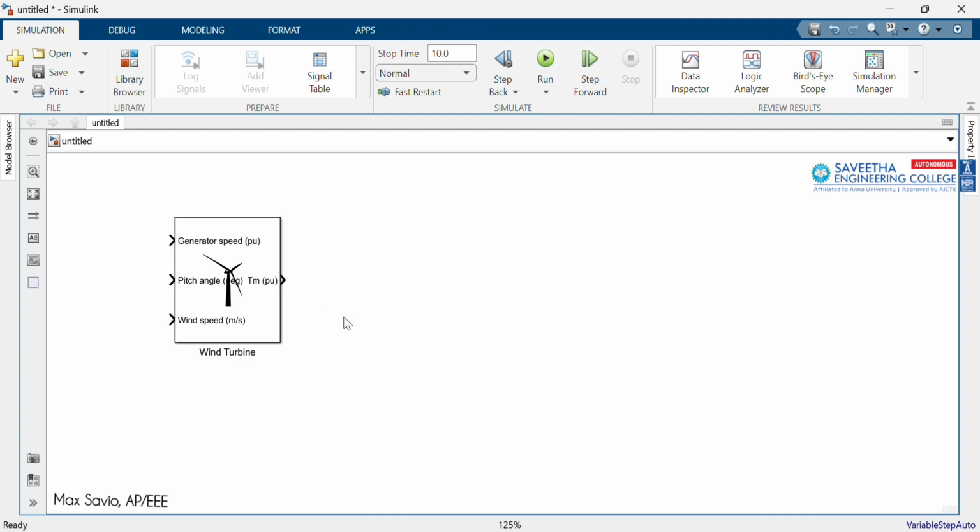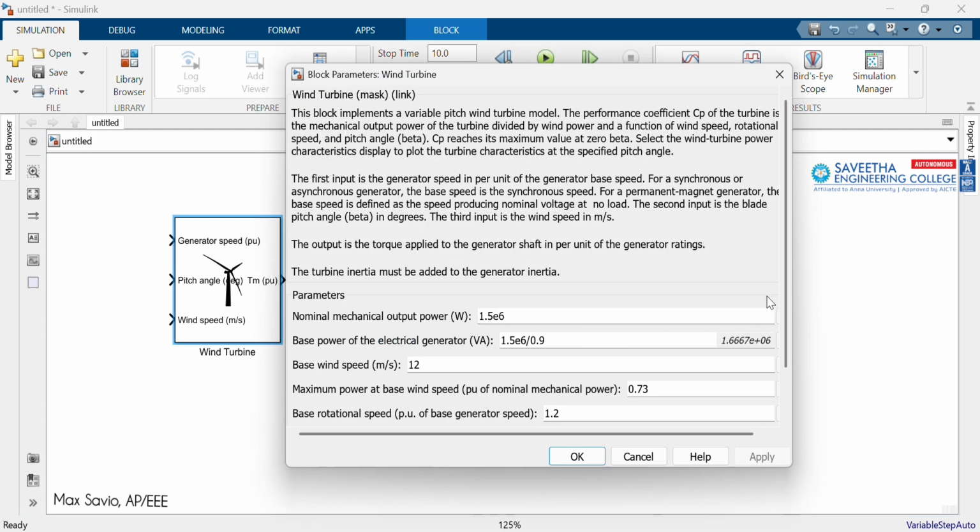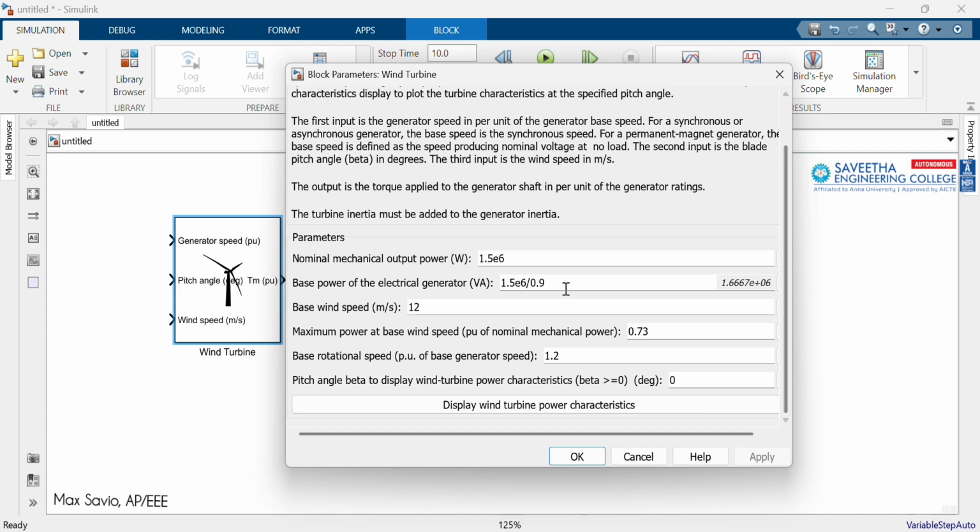We are not much interested in modeling these things, but some of the parameters matter, like the power output. What is given by default is 1.5 megawatt. For us, we are interested in 1600 watts. So I just replace this with 1600, and this also I keep as 1600. This is the per unit value of the base, that is the base power.